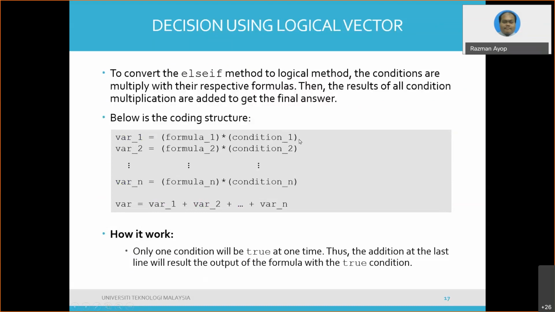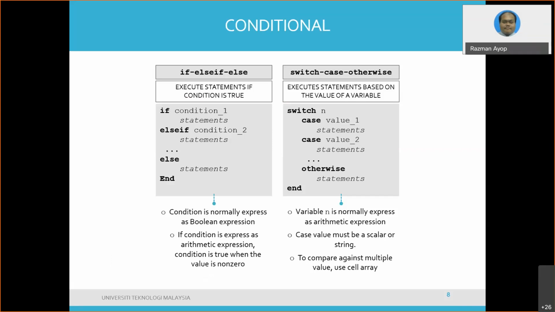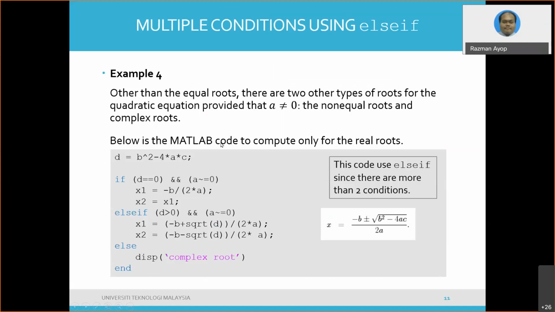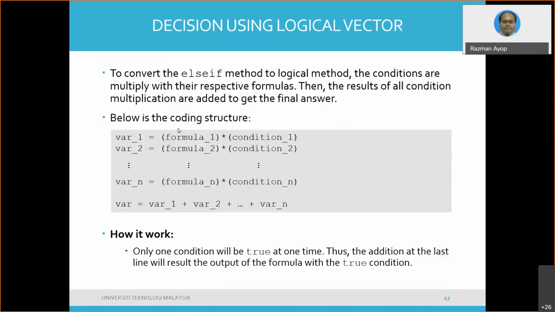Okay, the if something you put here is the condition. This one is the statement. Remember, this is the condition, this is the statement. Just convert this into this form.